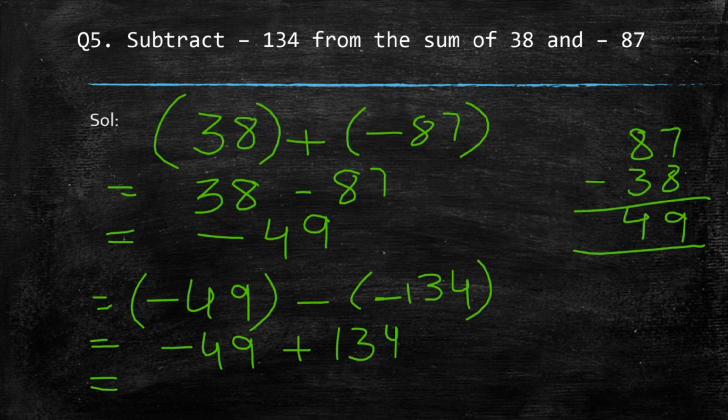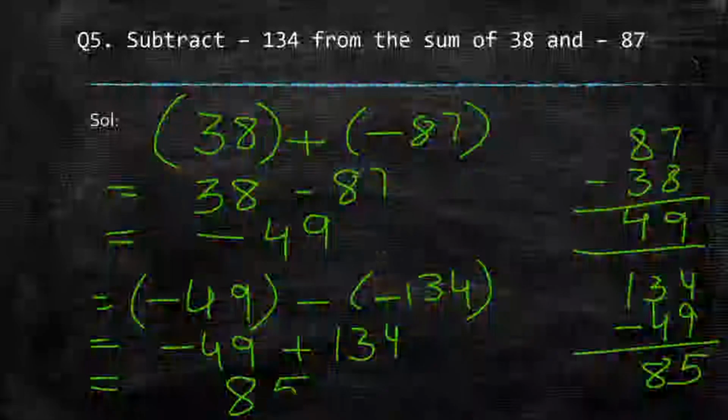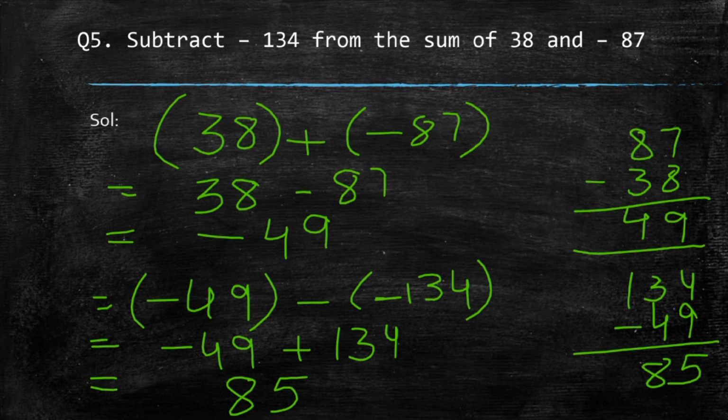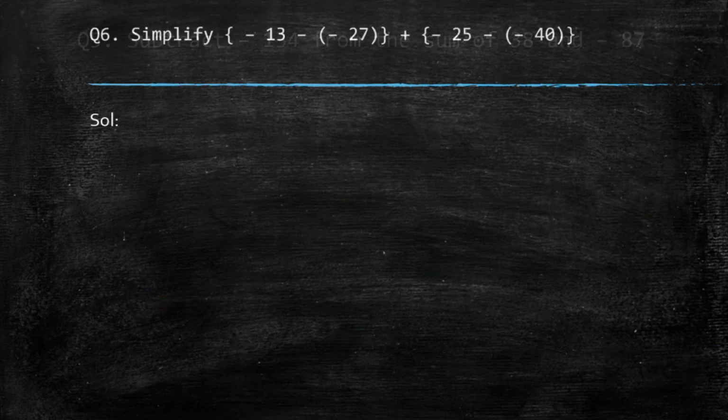Again, one is positive, another is negative. Subtract: 134 minus 49. The answer would be 85. Why positive 85? Because 134 is greater than 49 and 134 is a positive number.